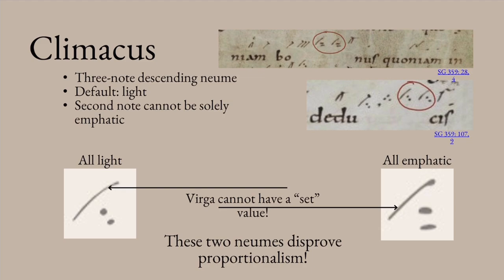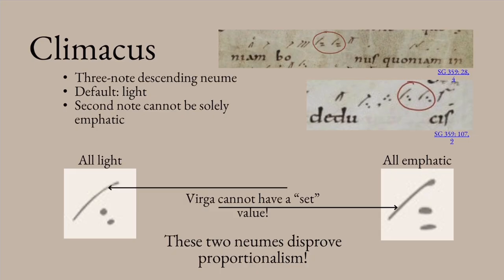You can see in the bottom left corner, we have an example of what the all-light neume looks like. So you have a virga and two puncti, so virga and subpunctis. And then on the bottom right-hand side, we have an example where all three notes are emphatic, or they receive some sort of length.